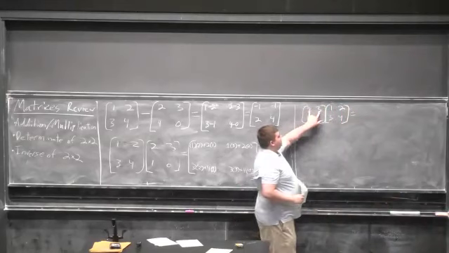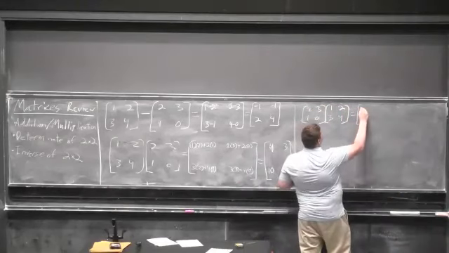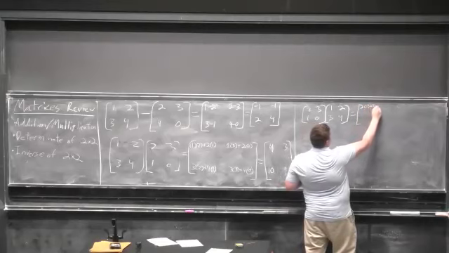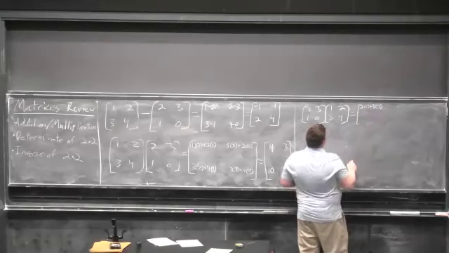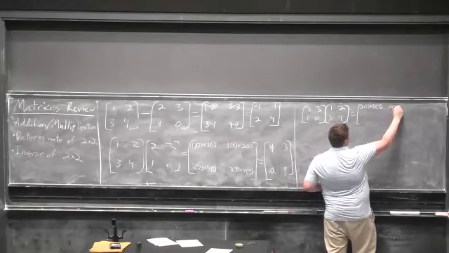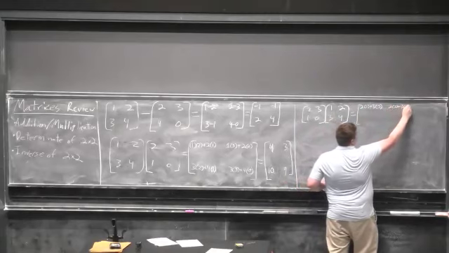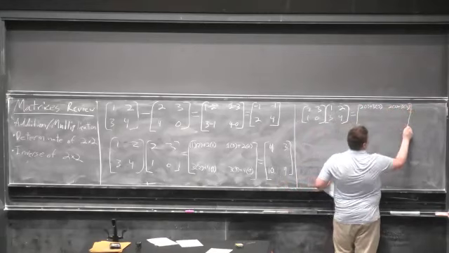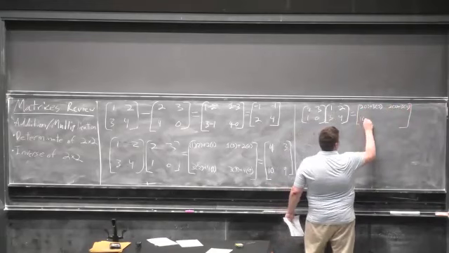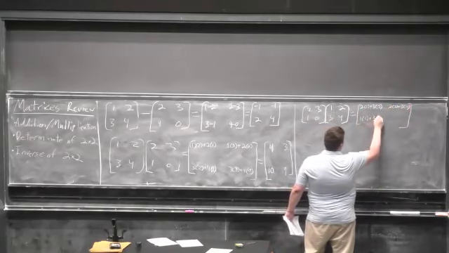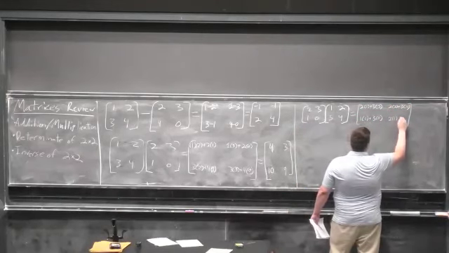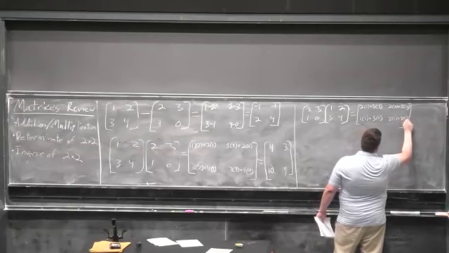I'm going to have 2 times 1 plus 3 times 3. Then I'm going to have 2 times 2 plus 3 times 4. Now I have 1 times 1 plus 3 times 0, and then 1 times 2 plus 3 times 4 plus 0.